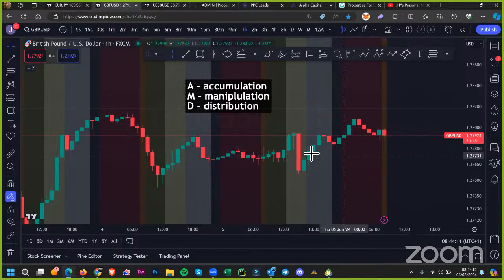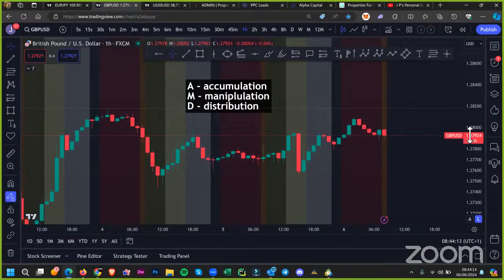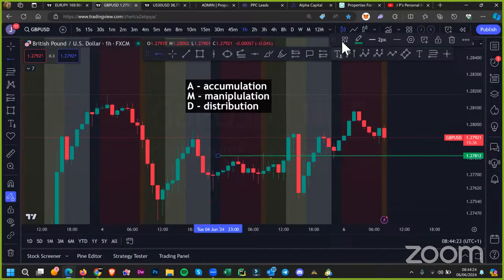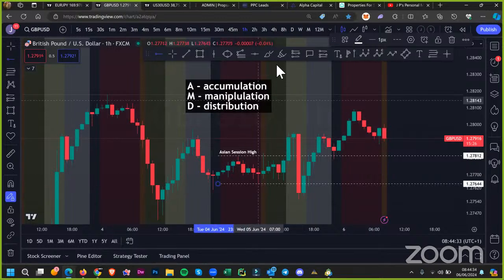So typically in an Asian session here, and I'm going to put these in because I do have them saved, this here would be our Asian session high, and this here would be our Asian session low.